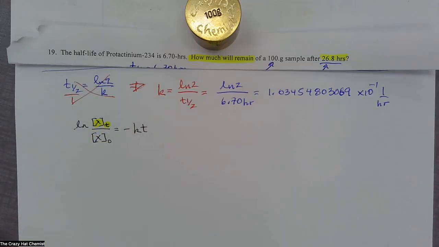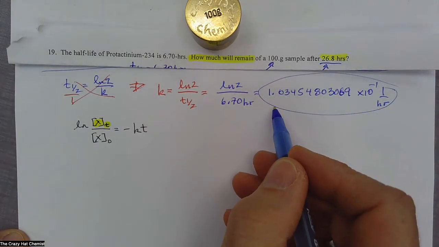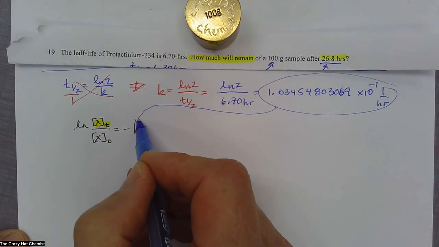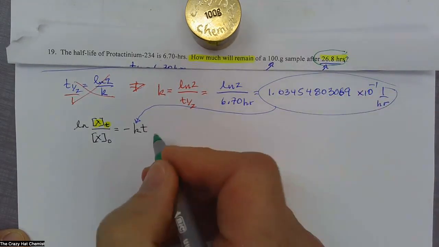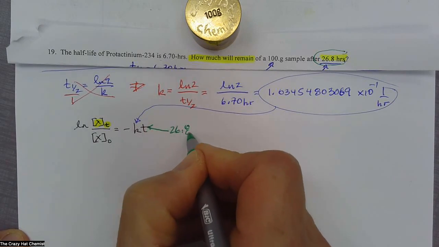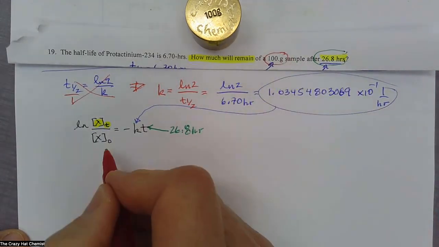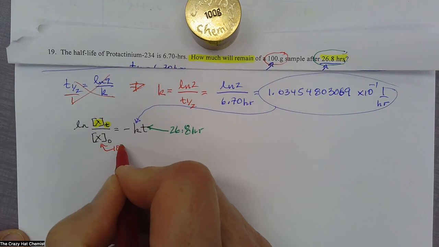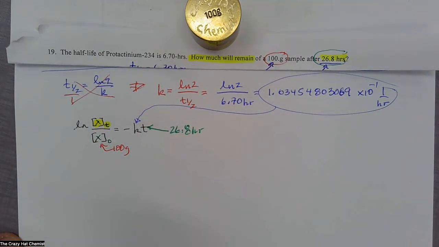Perfect. Okay. So this value right here is the rate constant that's going to go into there like that. This 26.8 hours is right there. That is the total amount of time. The amount that's original here is the 100-gram sample. So I have all the parts except for what I have highlighted, and that's what we're solving for.